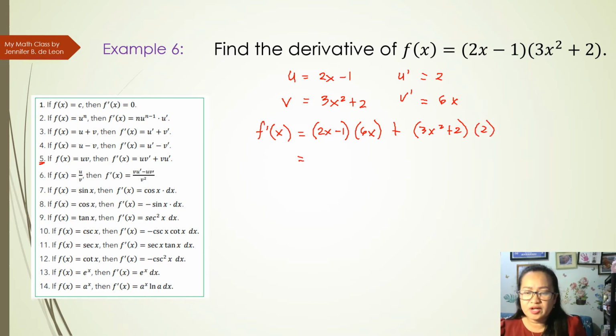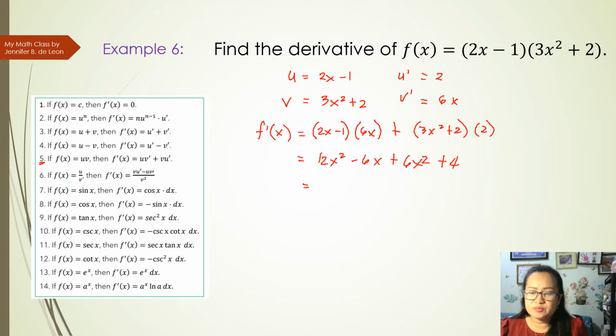And then we just simplify by applying the distributive property of multiplication. We will have 12x squared, then minus 6x. In the second term, we will have plus 6x squared, and then plus 4.